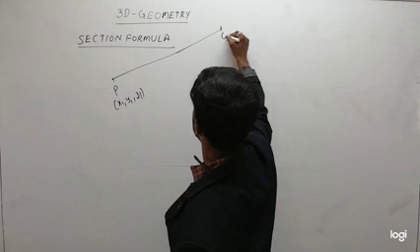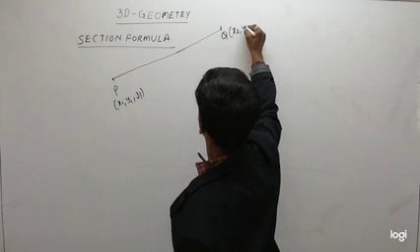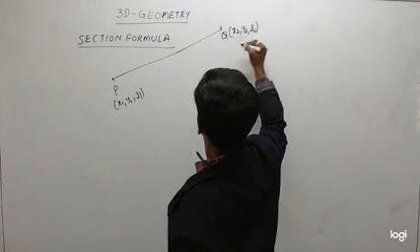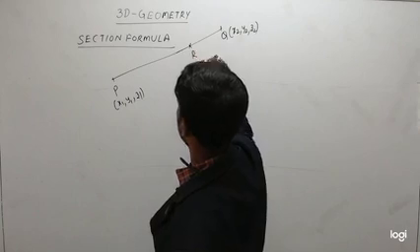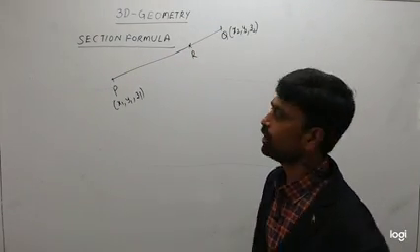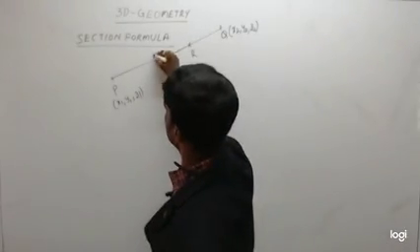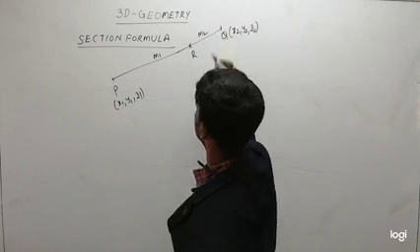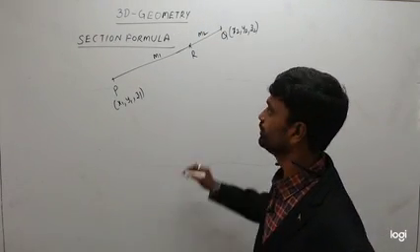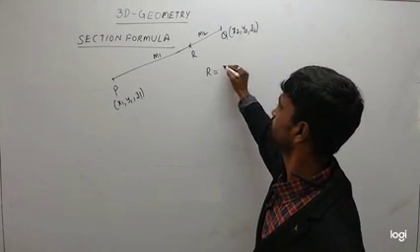This is the point Q whose coordinates are x2, y2, z2. Say this is the point R, which divides the segment PQ in the ratio m1 is to m2 internally. Then the coordinates of R become what?